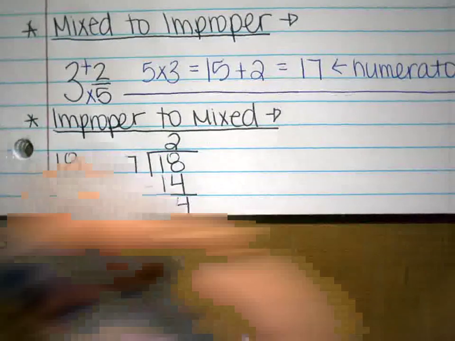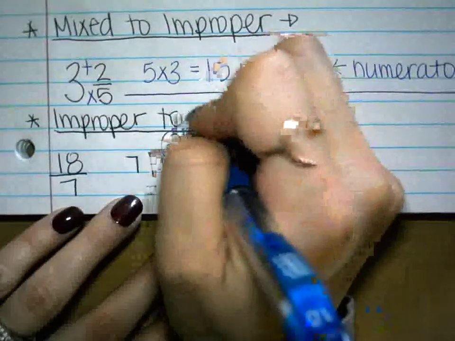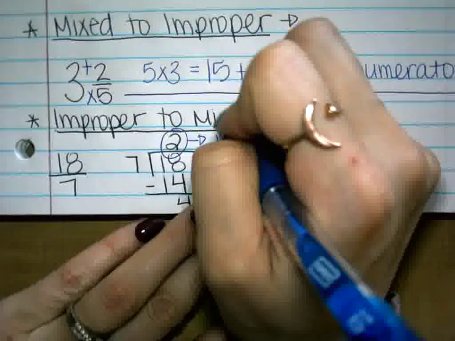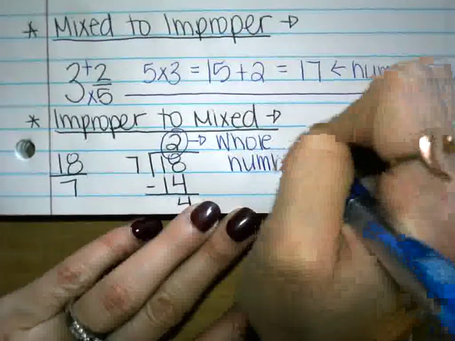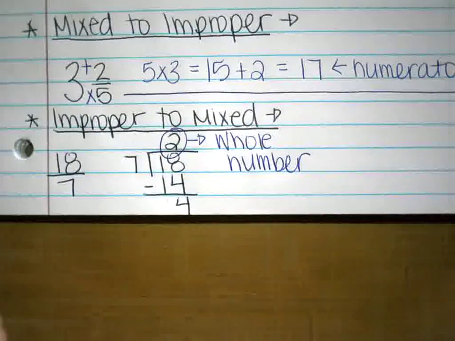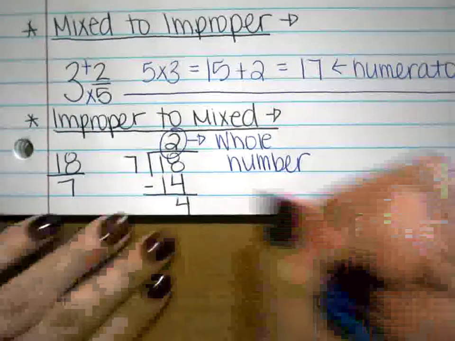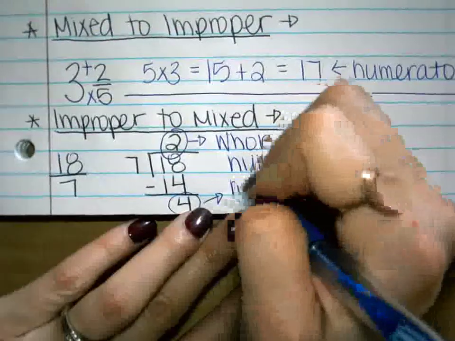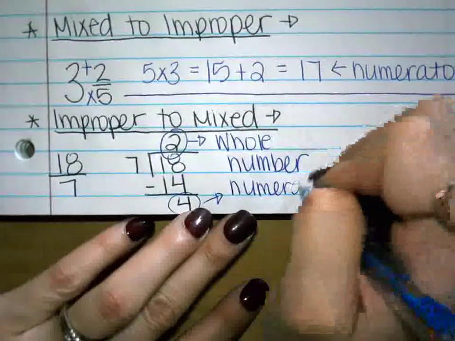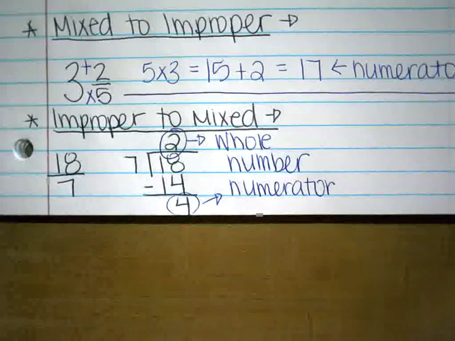So, what's this 2? The whole number. Good, the 2 is my whole number. That number on top will always be your whole number. What's the 4? This is your numerator. Whatever number you have left over, your remainder, will always be your numerator.